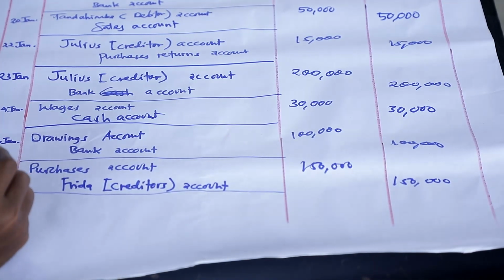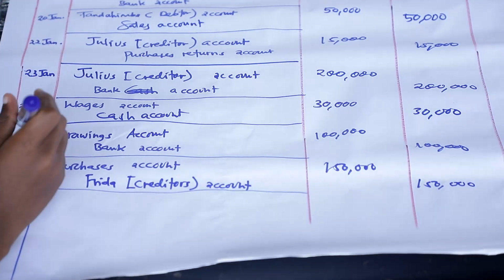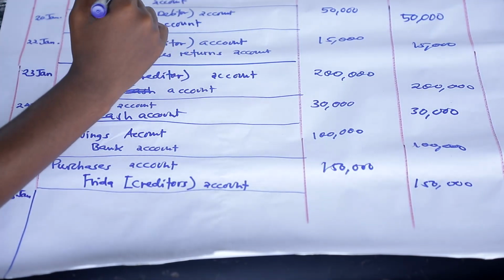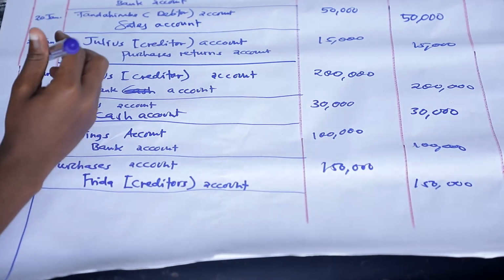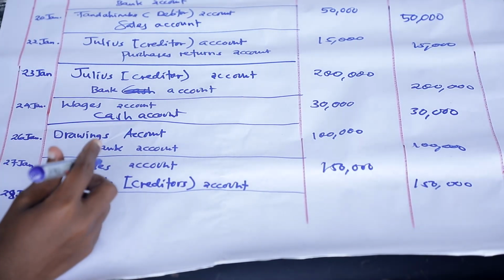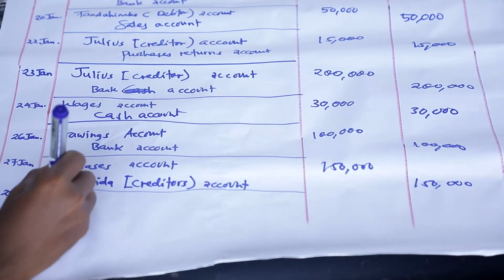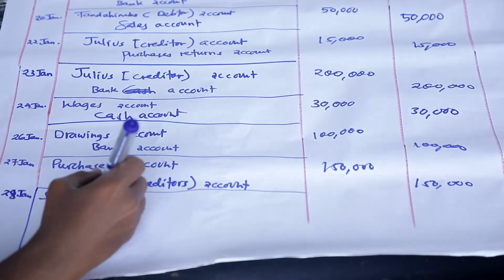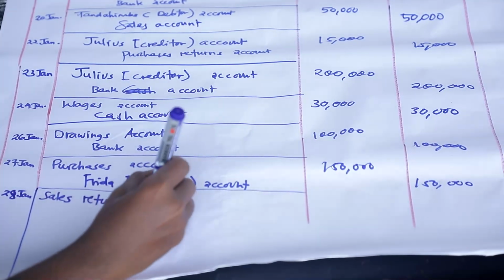So Tandaimba whom we sold goods on credit to, sasa amerudisha. Remember that tukimuuzia maanake tutamdebit, maana debt ameongezeka, lakini sasa karudisha maanake credit zimepungua. So kama amerudisha maanake Tandaimba sasa hivi tutaenda kumcredit and we are going to debit an account known as sales returns account. So we are going to debit sales returns account or sometimes known as return inwards account.